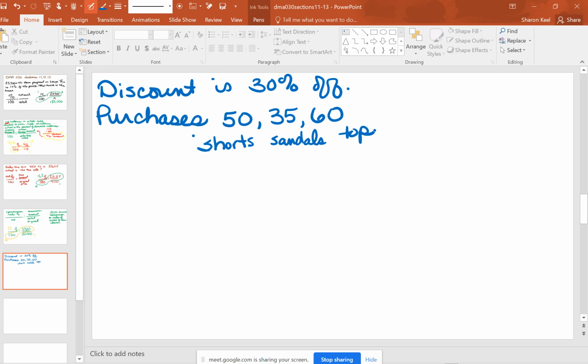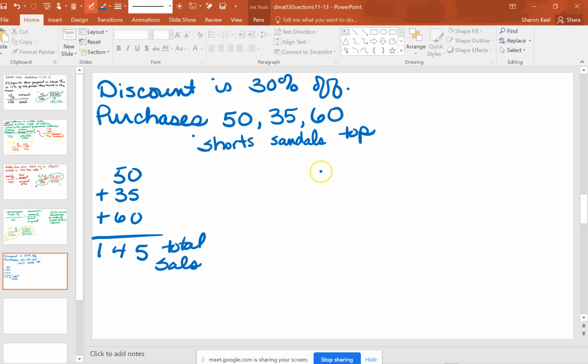Okay? So if we're trying to calculate what is our price after the discount, what is our sale price? First, in this case, we've got to add the 3 items that we're purchasing. When we add these together, we get $145 for our total sales. And if it's 30% off, we're going to take 30% of the $145.